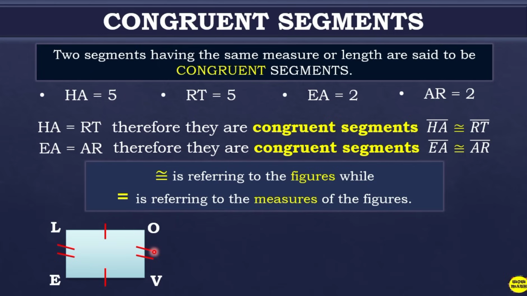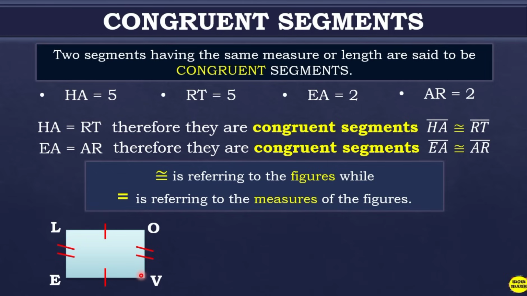Pag meron kayong nakitang figure tapos may mga tick lines siya, that means the measure nito ay kapareho nito. So, ito at ito congruent. Since pareho sila, ang measure nito at measure nito ay equal. So, they are congruent.